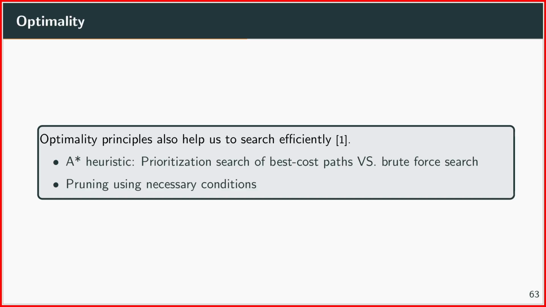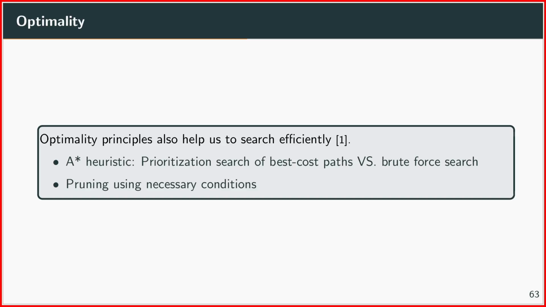And this was a very good way to solve problems, because you first try out what is the optimal solution and try those paths first, and then you go down in the solution cost, and this gives you the optimal solutions first and is a very efficient way to search.